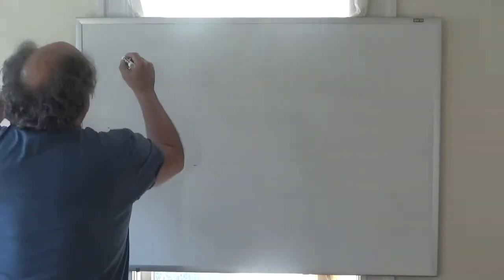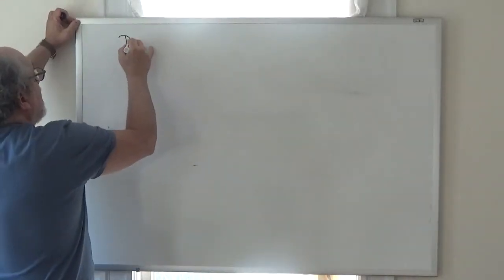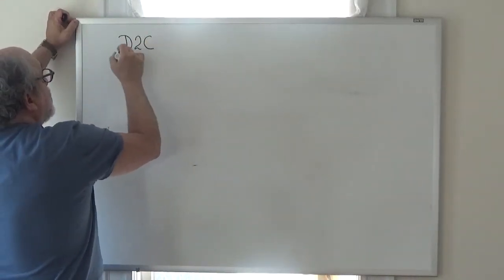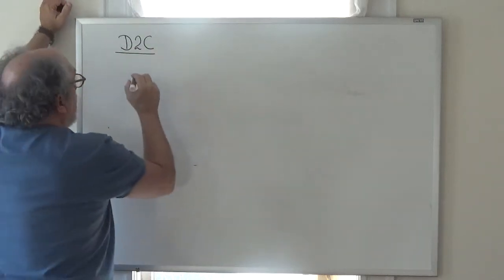Let me check something here. Yeah, okay. So we are doing the D to C, discrete to continuous.